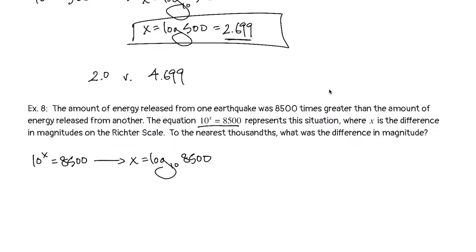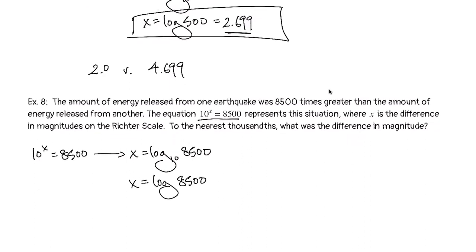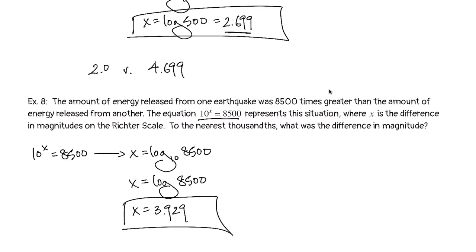We want to be fancy and say that's really the same as log 8,500. We type that into our calculator, and we don't need to do a change of base because it's already in the base our calculator works in. When we do that, we should get 3.929. Okay? So that gives us our difference in magnitudes.